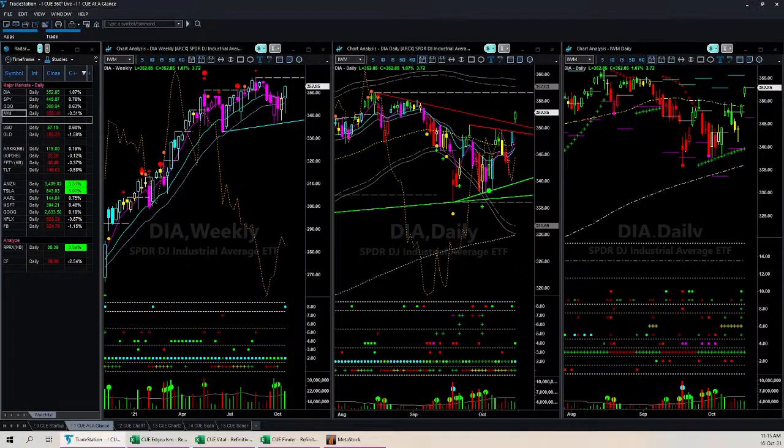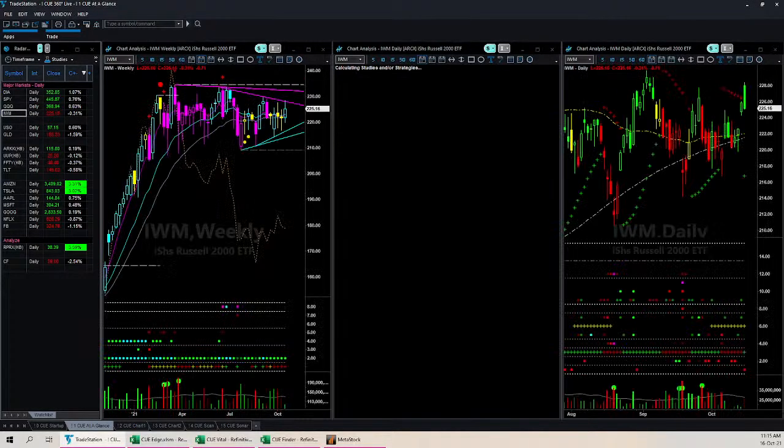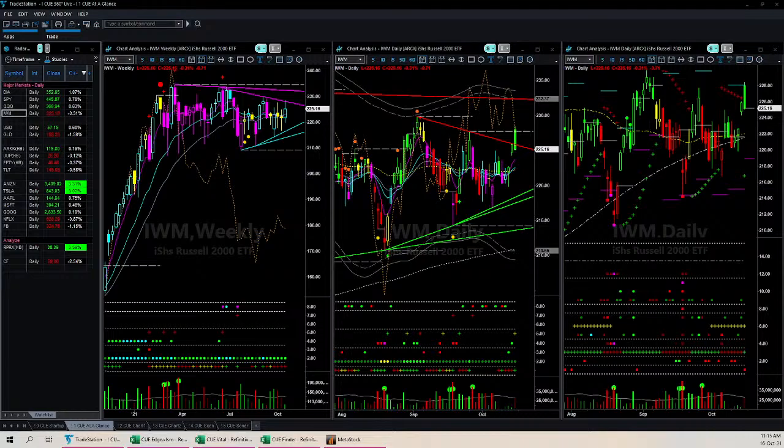And lastly, if we look at the small cap ETF IWM, unlike Daya, it could not break out of the triangle pattern. On Friday, it gapped up at the open, then fell sharply, closed below the trendline resistance, so it is back in the sideways range.